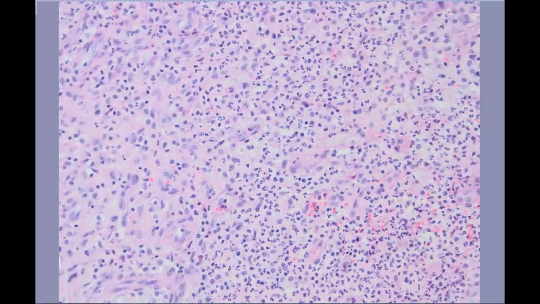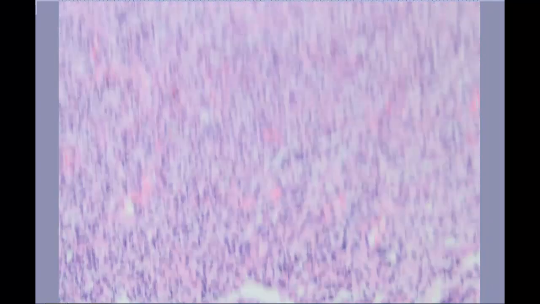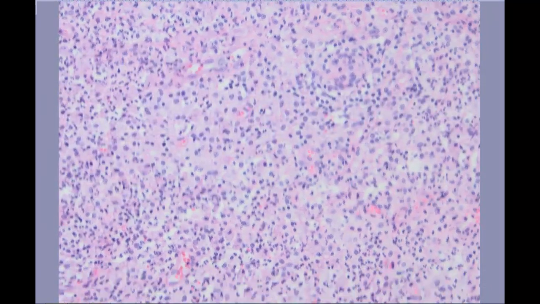I know these are histiocytes because they stain with the CD68 and the CD163. But furthermore, I'll show you that some of these cells have more foamy cytoplasm.